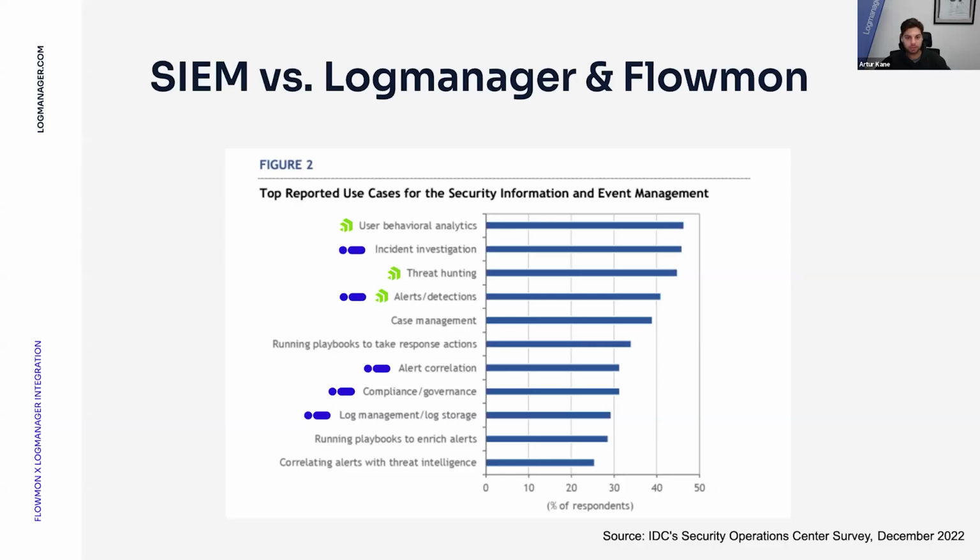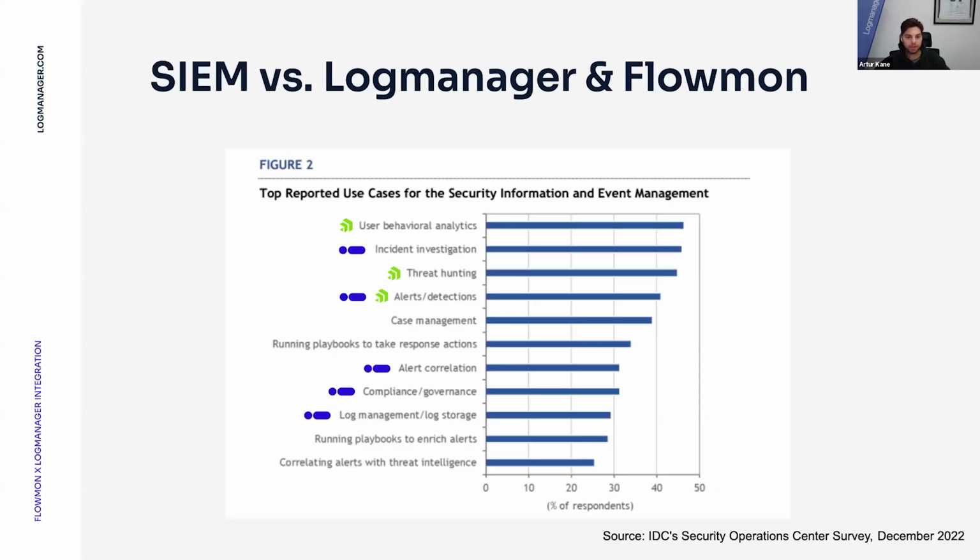Well, when we look at this study that shows responses by users of SIEM systems, the features why they went for a SIEM system are as follows, and they're sorted by the number of people who said this is the most critical feature for them.